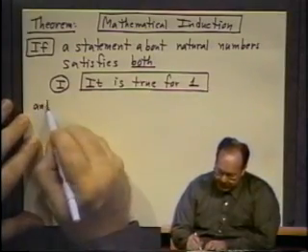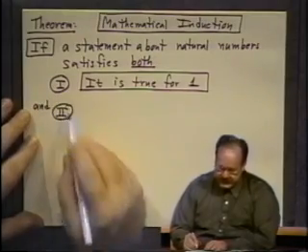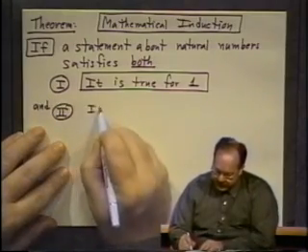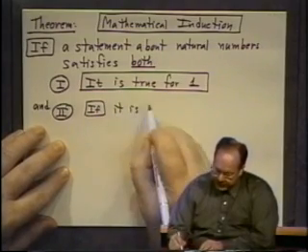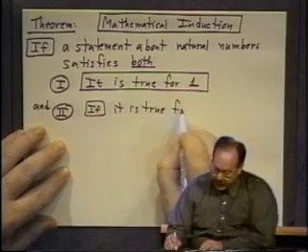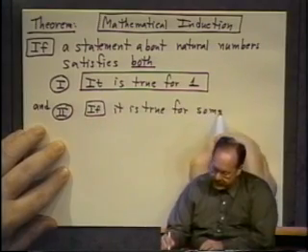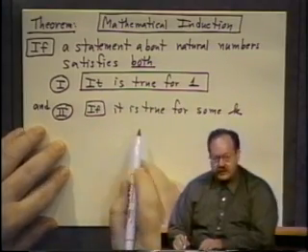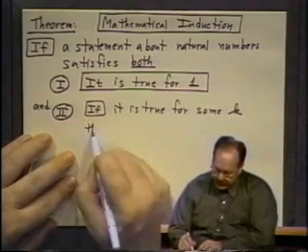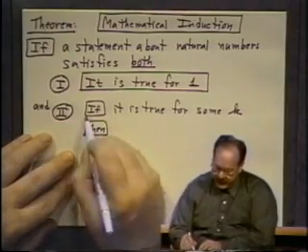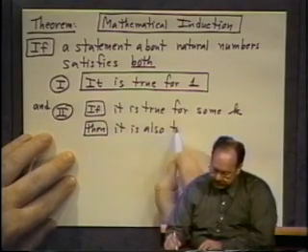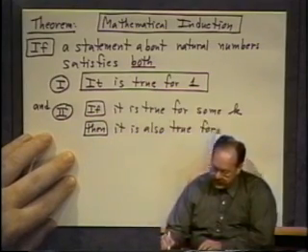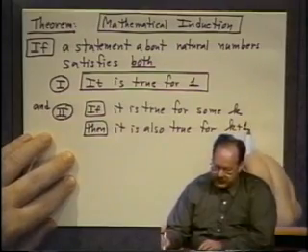And Roman numeral 2, now this one is an if-then statement. Roman numeral 2 is: if it is true for some k value, then immediately following from that, it is also true for the very next number, k plus 1.